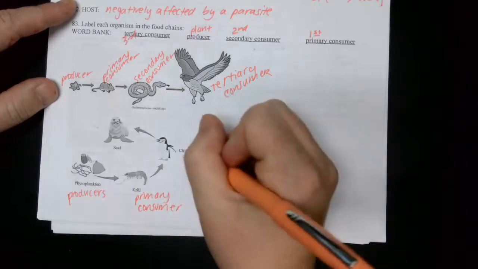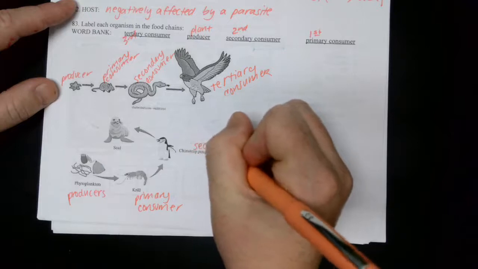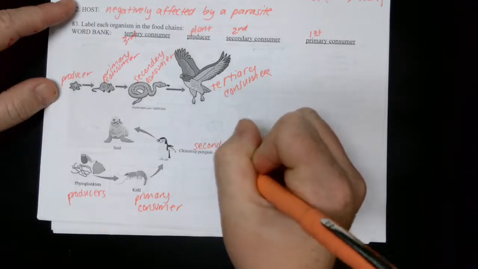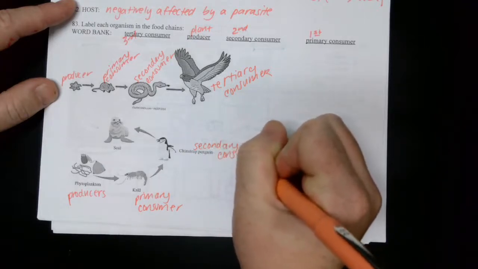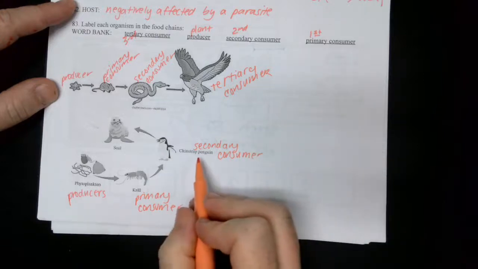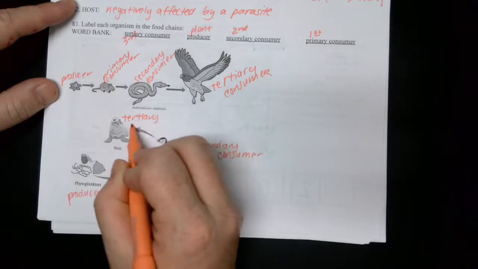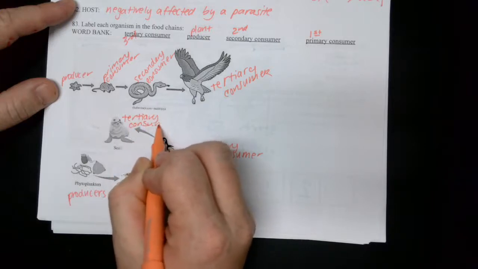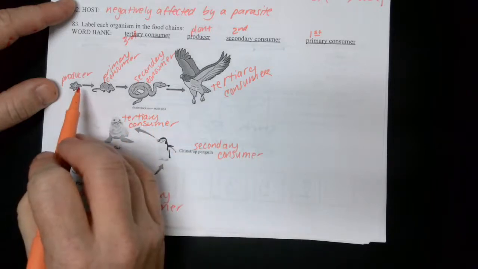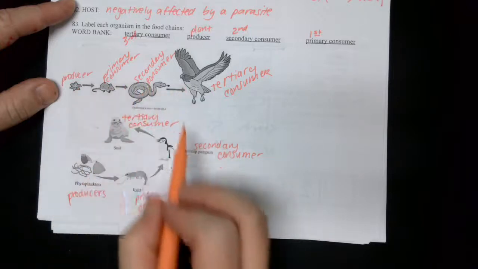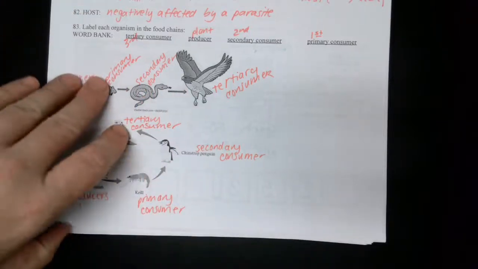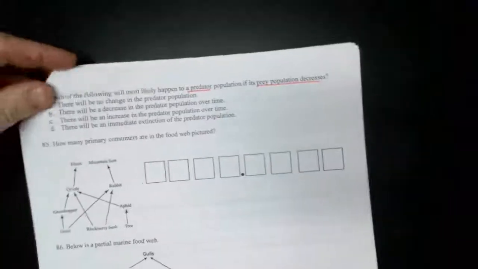That gets eaten by a secondary consumer, in this case the chinstrap penguin. That will then pass its energy along to our third or tertiary consumer, the seal in this case. So the arrows go in the direction that the energy goes, always.